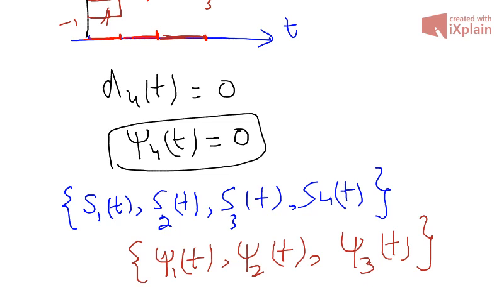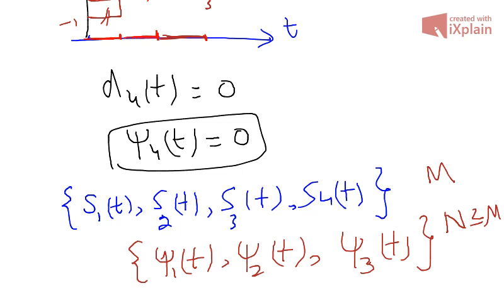So a set of m signals can form another set of n orthonormal signals, which is less than or equal to m. This is what we saw in the theory, and this is how you prove it.